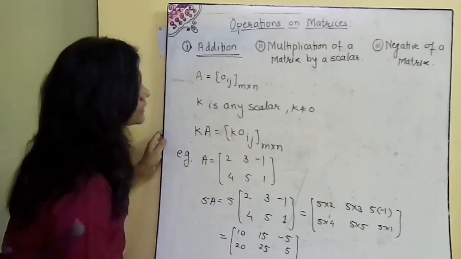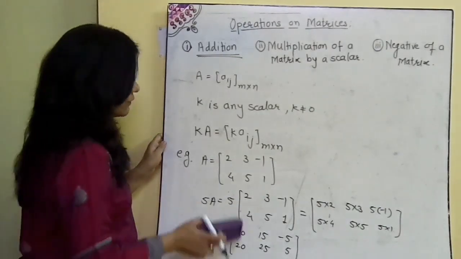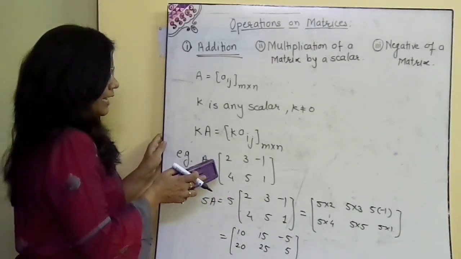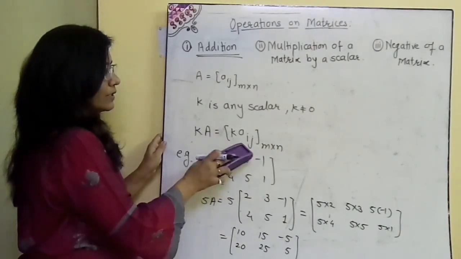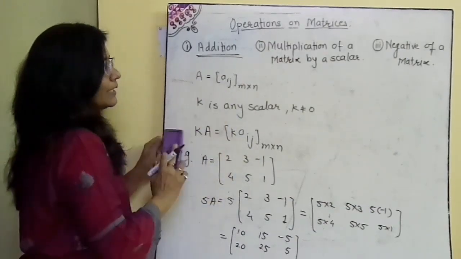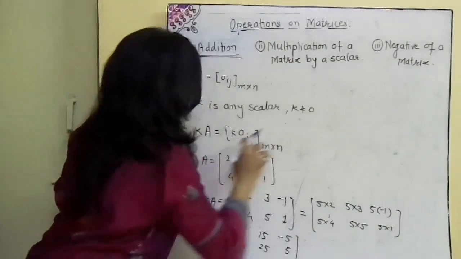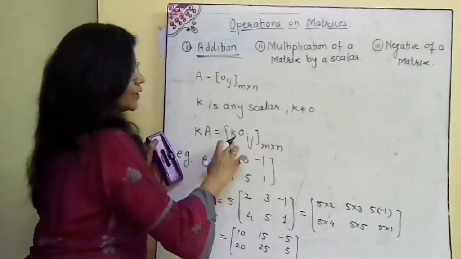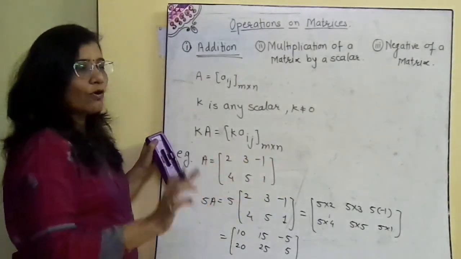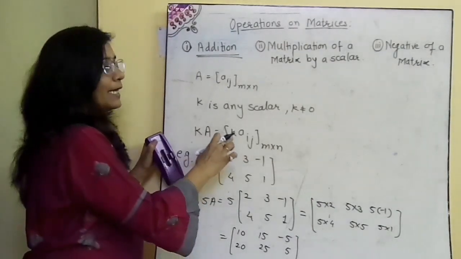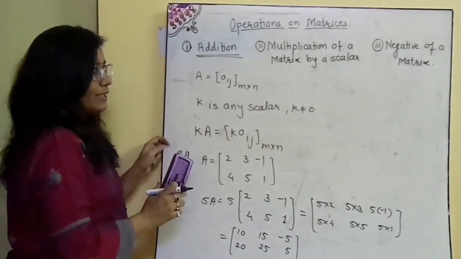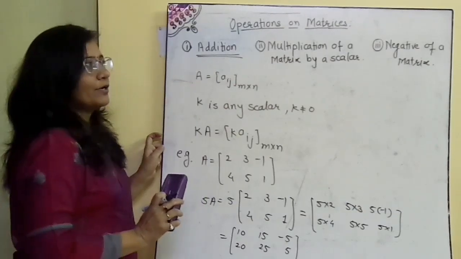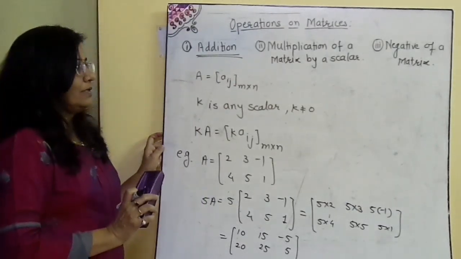Now in general, suppose Aij is a general matrix, then K times Aij means you have to multiply each and every element of this matrix by K. So that is multiplication of a matrix by a scalar.